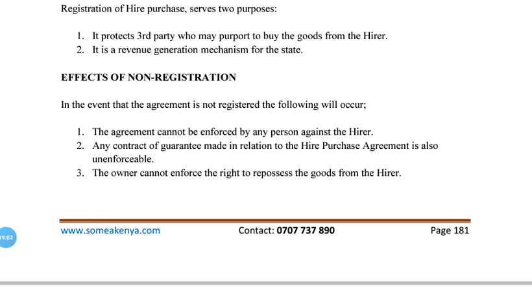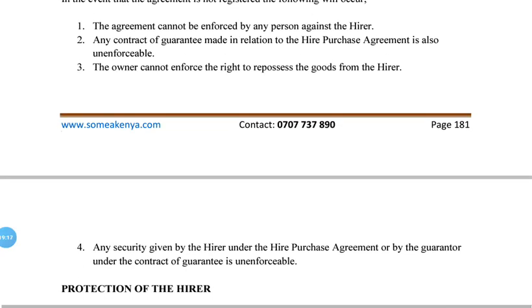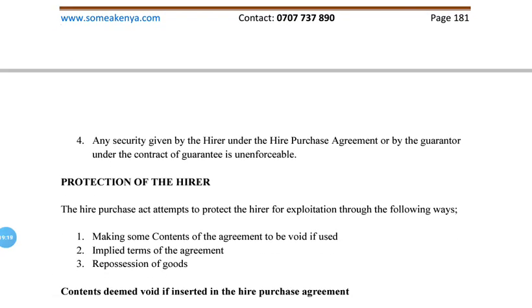The owner cannot enforce the right to repossess the goods from the hirer. Number 4, any security given by the hirer under the hire purchase agreement or by the guarantor under a contract of guarantee is unenforceable.